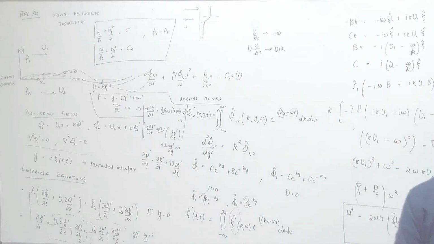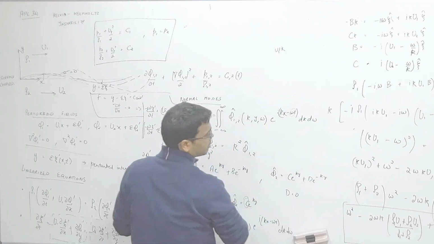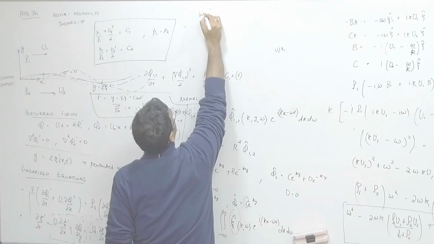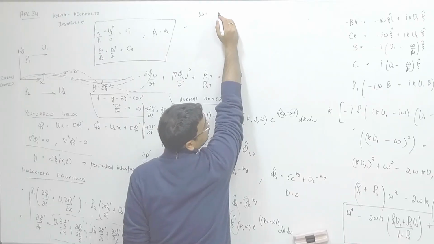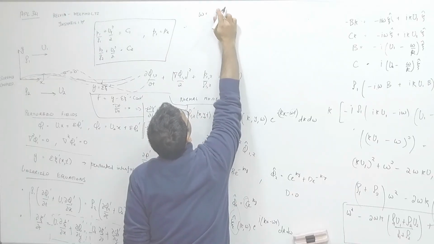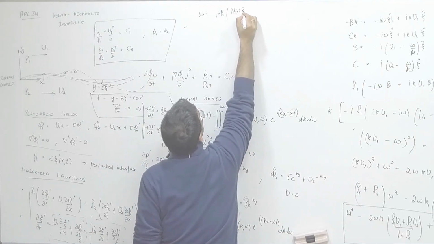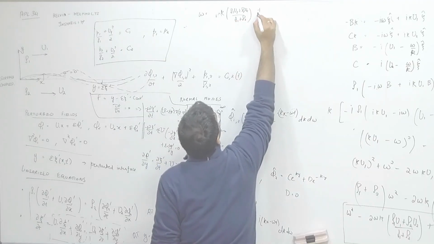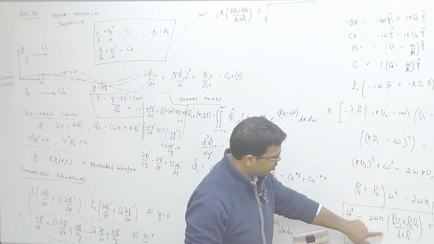Okay, so let us look at the roots of this equation. What are the roots that you get? So omega will be k times (rho 1 u1 plus rho 2 u2) by (rho 1 plus rho 2), plus minus square root of b square minus 4ac.